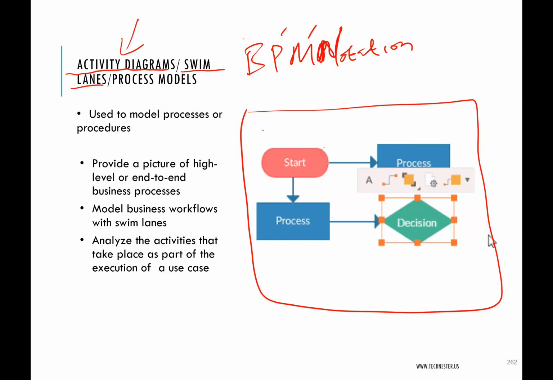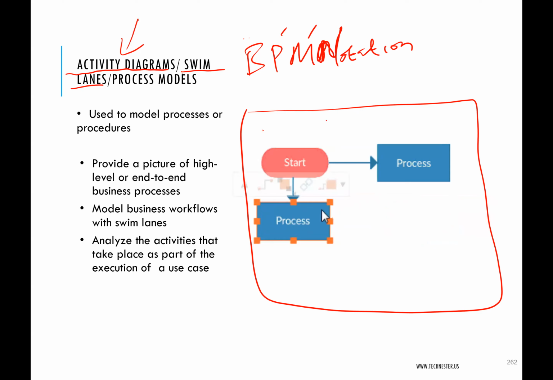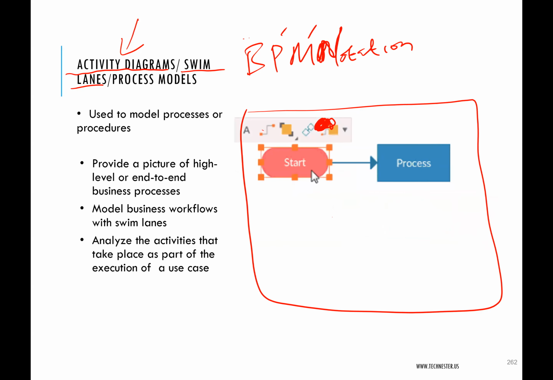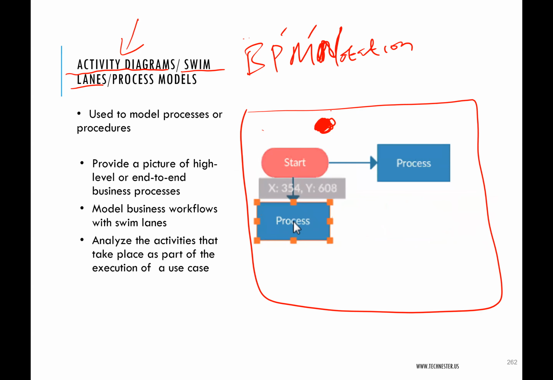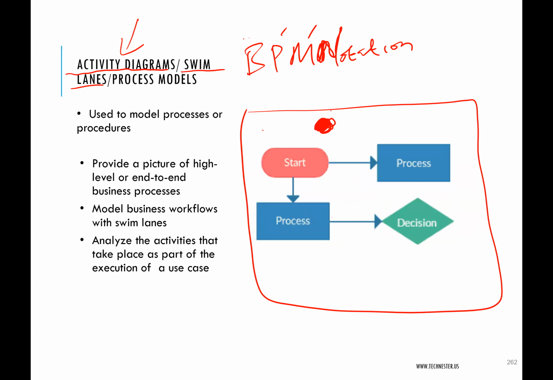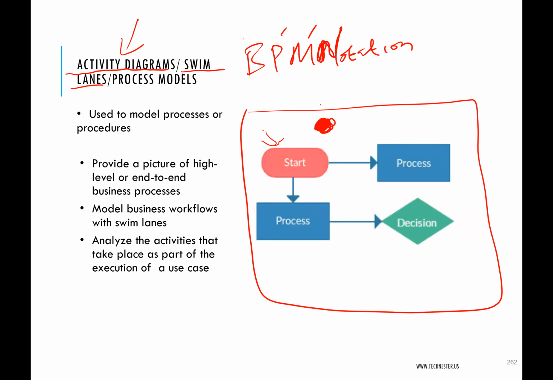So where this one uses this shape for start, activity diagram will use a pure circle instead. So that's the difference. When you go on your tool and you say you want to do activity diagram, it will bring the shapes out that you can use. So you would see, oh, this one is not oval like this. This one is using a circle.